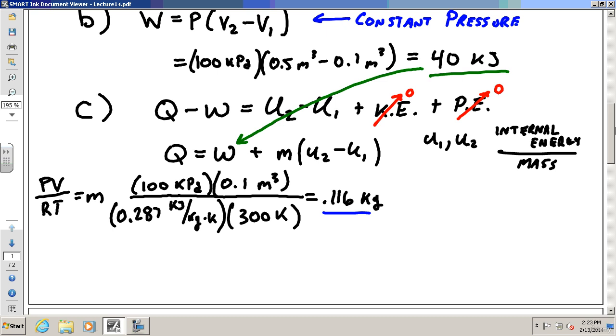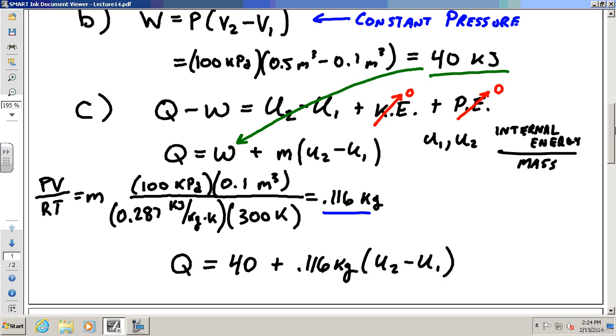Let me reframe this. If I want to solve for Q, it's equal to 40 kilojoules plus 0.116 kilograms times U2 minus U1. Again, the answer is in kilojoules here.